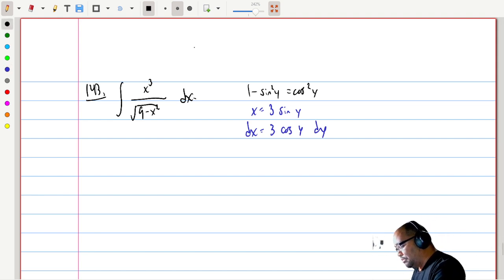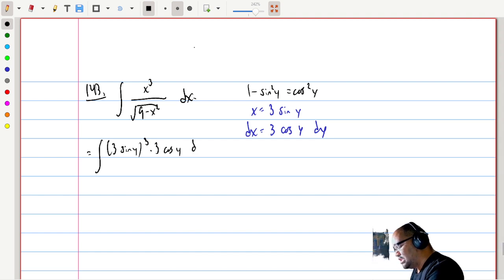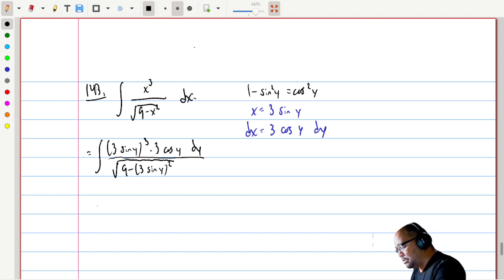So now we're just going to go ahead and replace. So let's see here. X cubed, we get, well, let's just write it in: 3 sine of y cubed. dx is 3 cosine y dy. Then inside the square root, I have this. All right, now we got to do some manipulations here.